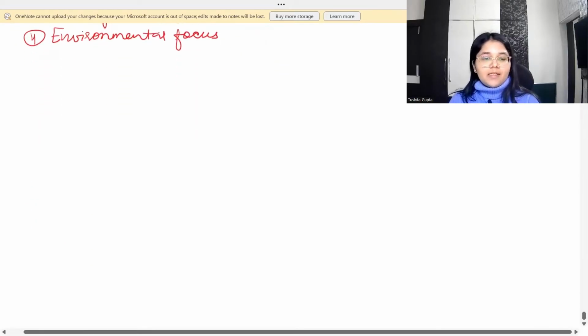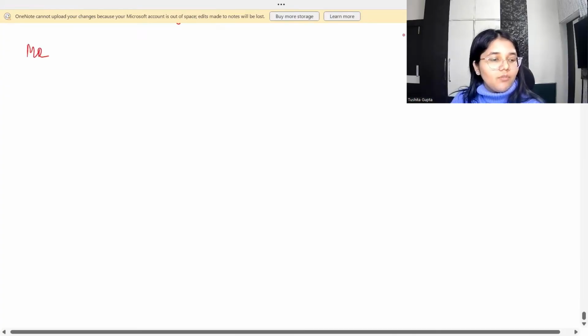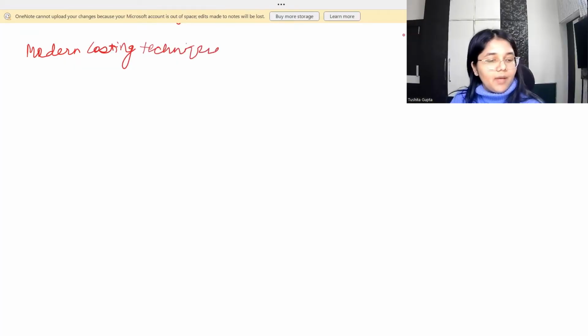If we talk about the modern costing techniques in your syllabus, which we'll be discussing one by one, the techniques are activity-based costing, then you will learn target costing, then life cycle costing.